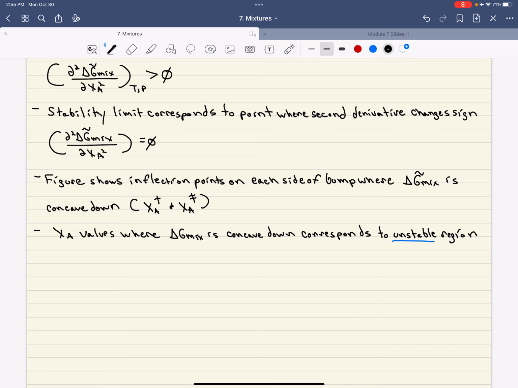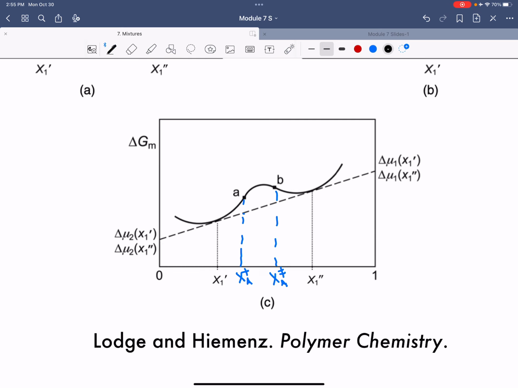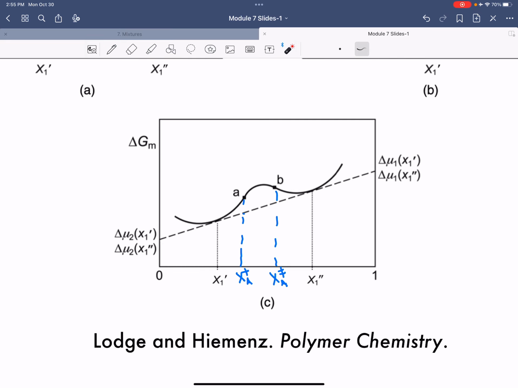All right. What we mean by unstable region is, if you visualize the curve here, let's say your solution starts out at this composition, right? Any small change in XA would knock the solution to a lower Gibbs energy of mixing state, very easily. It's not well supported by the shape of the curve, so it's just going to fall down.